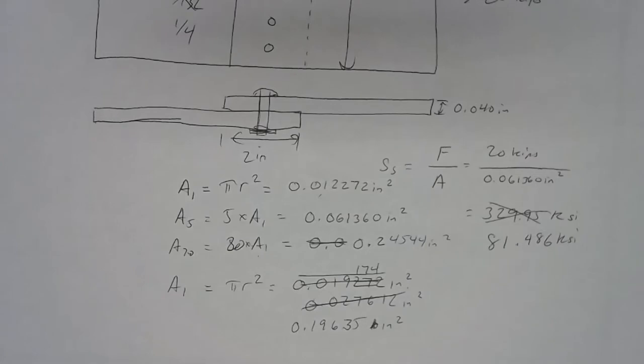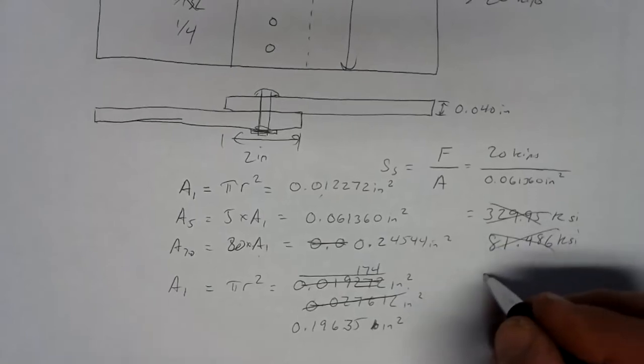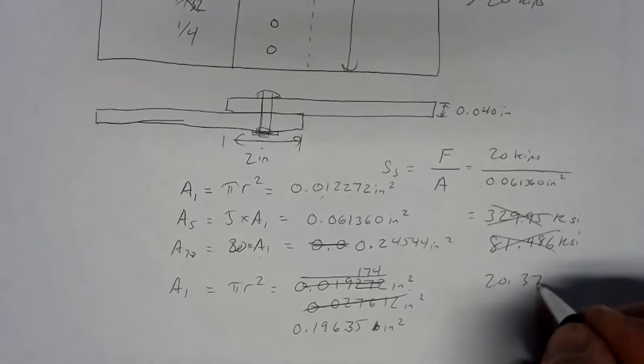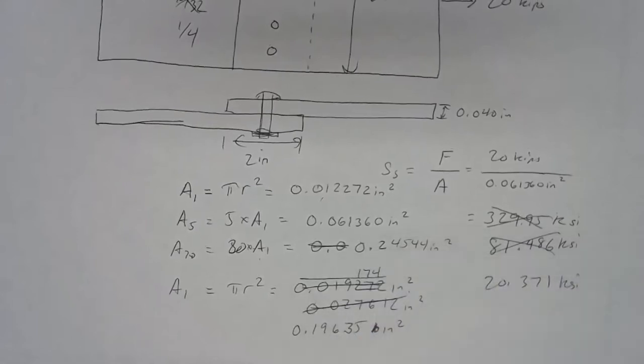If we do 5 1/4 inch rivets, 0.19635 times 5, that gives us a shear stress of 20.371. So 5 1/4 inch rivets would do it, and would do it within the limits. So aluminum alloys are typically in the 20s, higher 20s for ultimate shear strength. So looks like it would work.